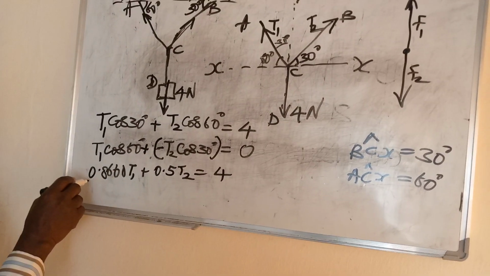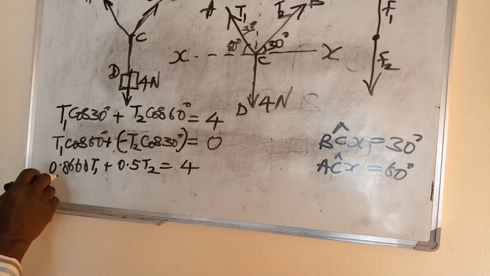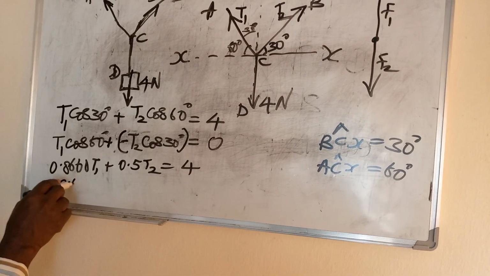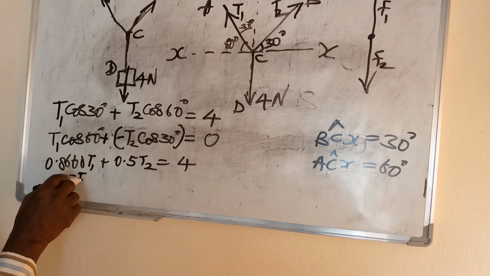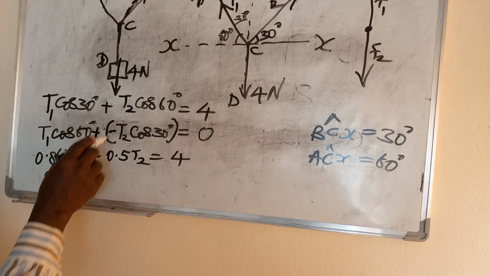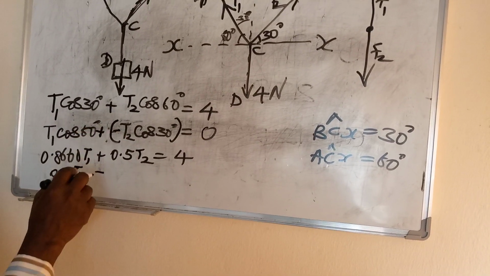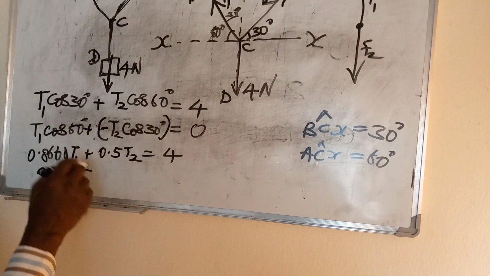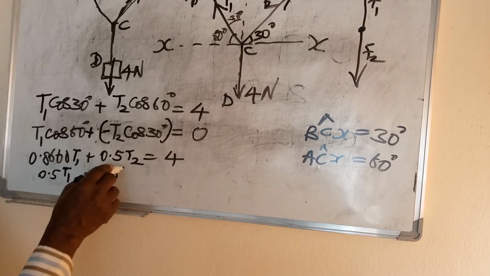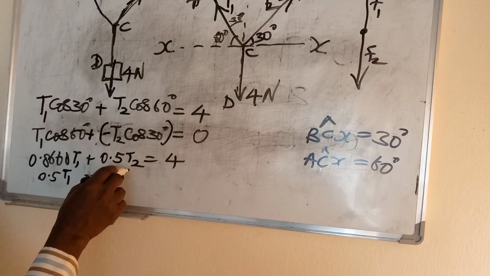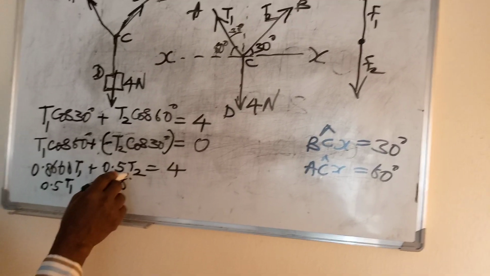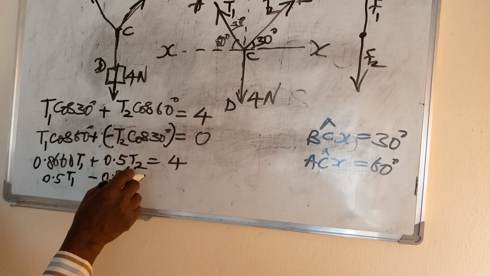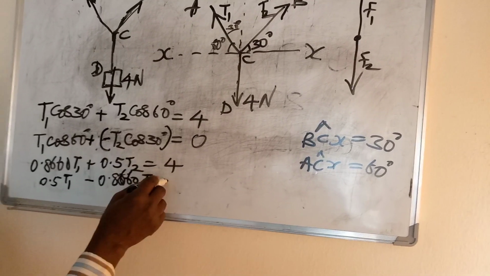Then here cos 60, 0.5 T1 minus this time, because we have opened the bracket, cos 30 is 0.8660 T2 is equal to 0.